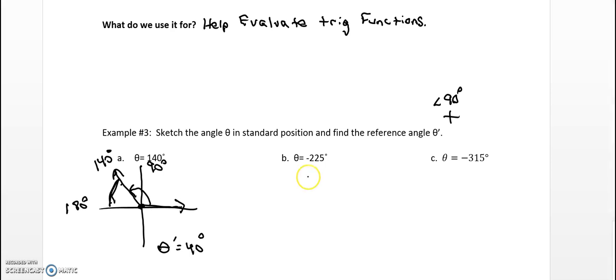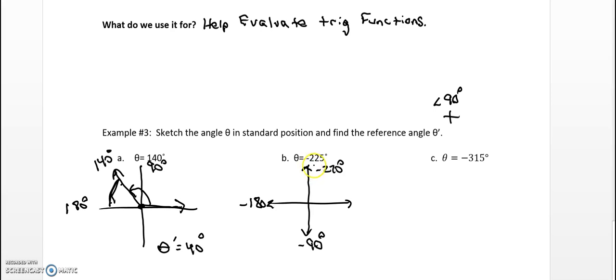All right, negative 225 degrees. So we'll draw this and figure out what theta prime is. Now we're going in the negative direction. So this is negative 90 degrees, negative 180 if we're going this way, and if I subtract another negative 90, it'll be at negative 270 here.